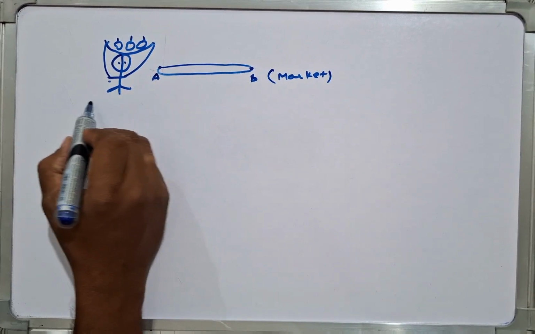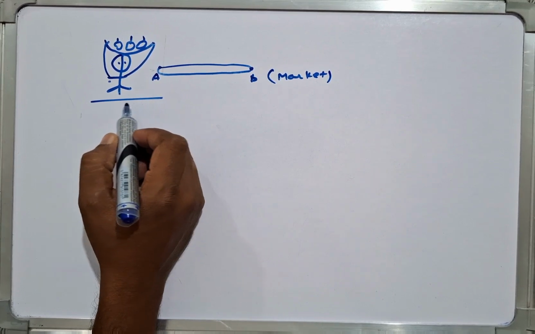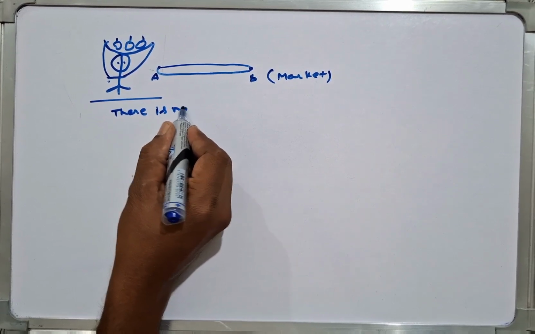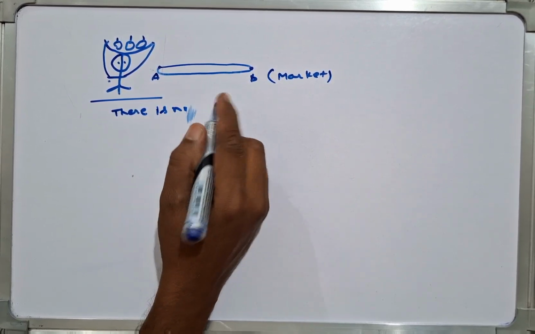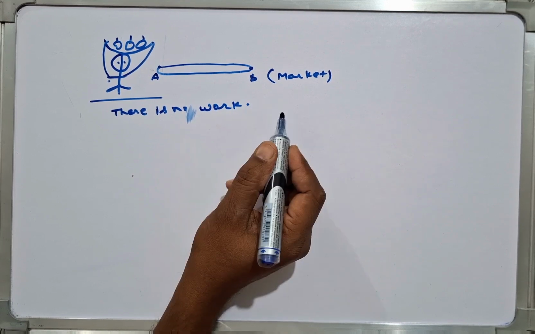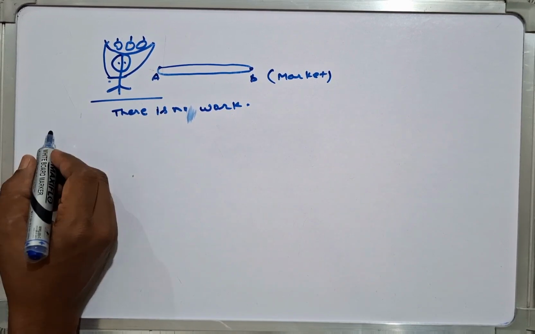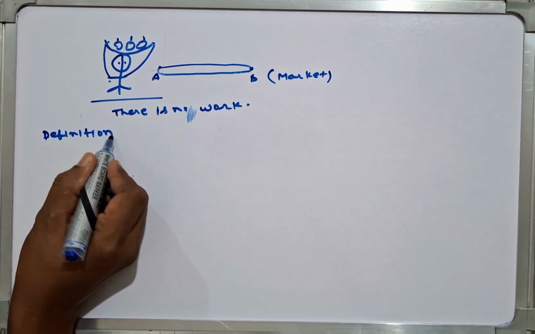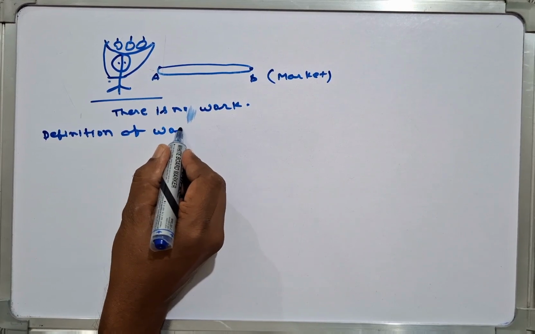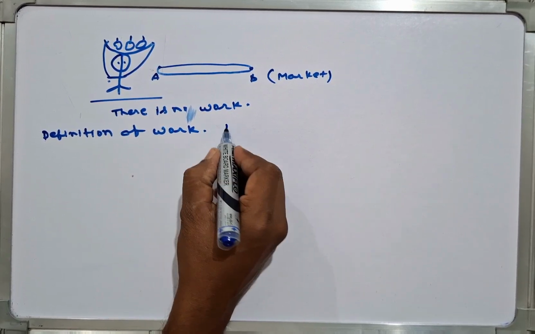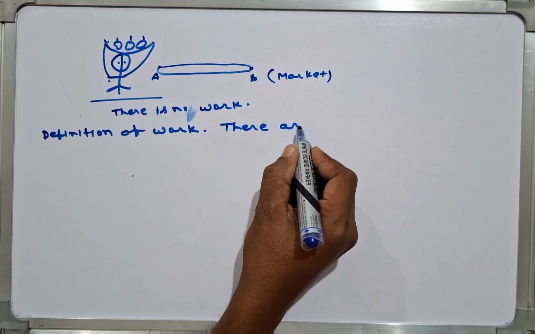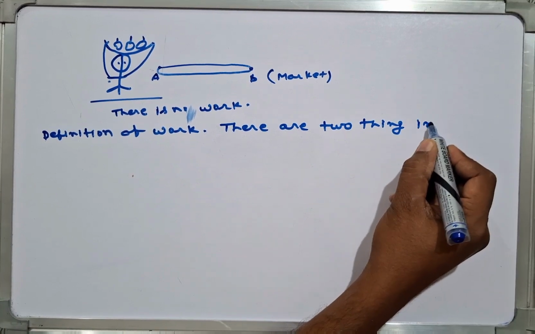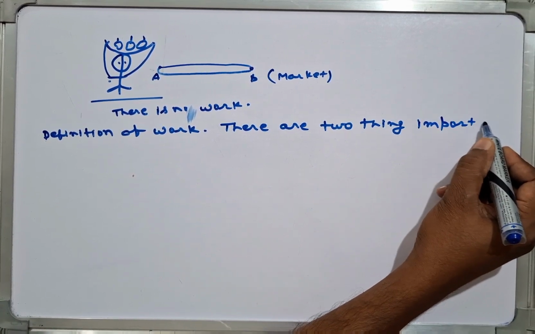So guys, in physics we can say there is no work. Why? Because in the definition of work there are two important things.